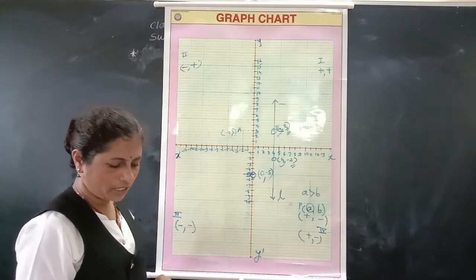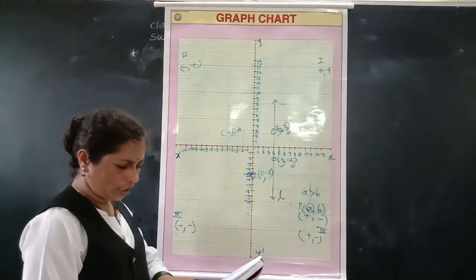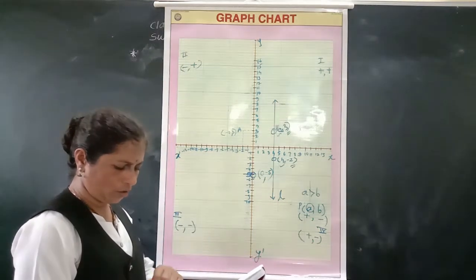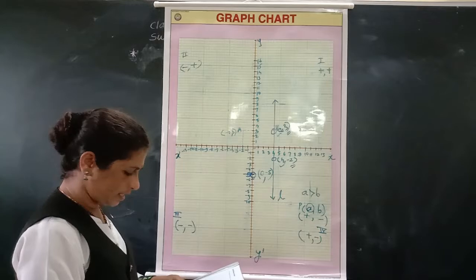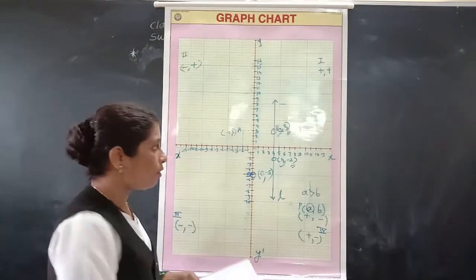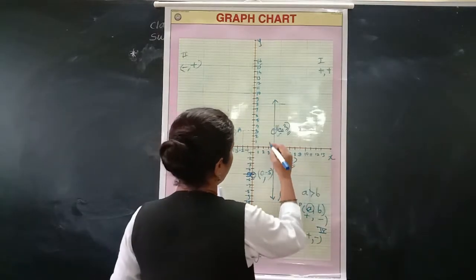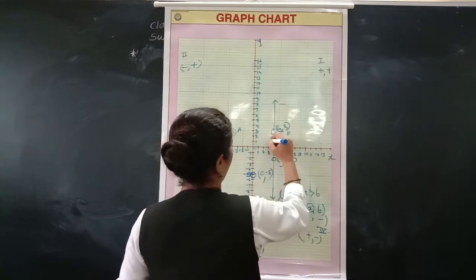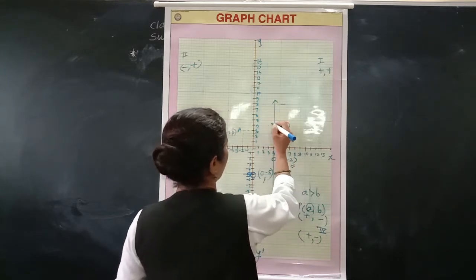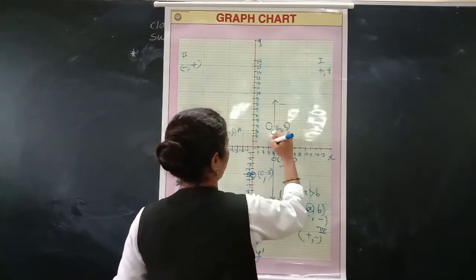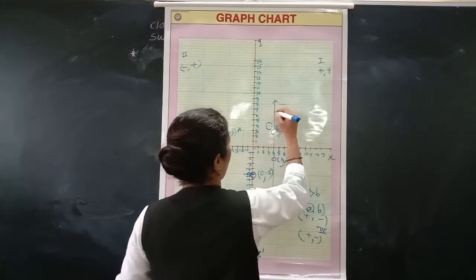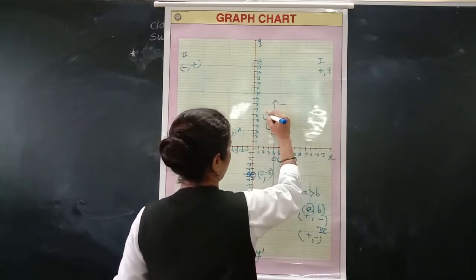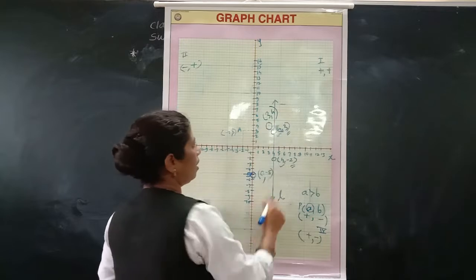And next question, find the perpendicular distance of the point P(3, 4) from the y-axis. Now we have to first find (3, 4). (3, 4) means here, this is the 3 and 4. So the point will be here, 3 on the x-axis and 4 on the y-axis.